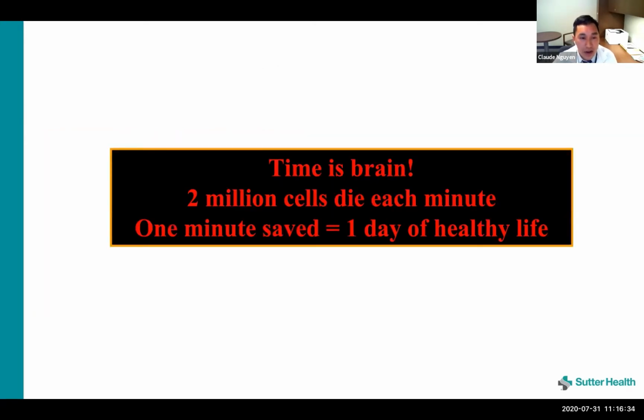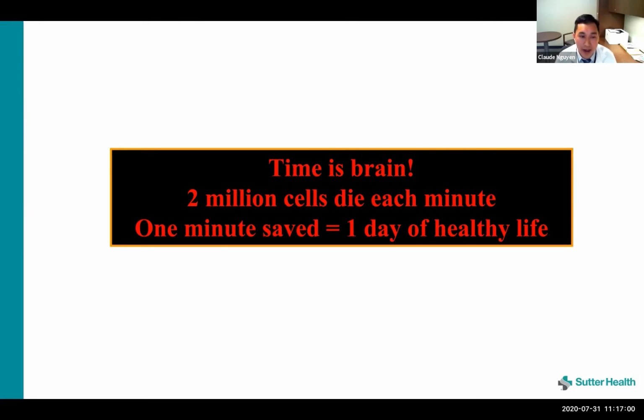And so to put this another way, a group out of UCLA came up with some statistics to show the urgency of stroke. We like to say in the stroke world that time is brain, and so time is of the essence, right? A group out of UCLA was able to calculate that every minute that passes after stroke, 2 million brain cells die.